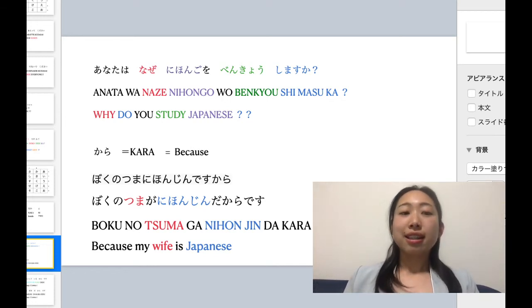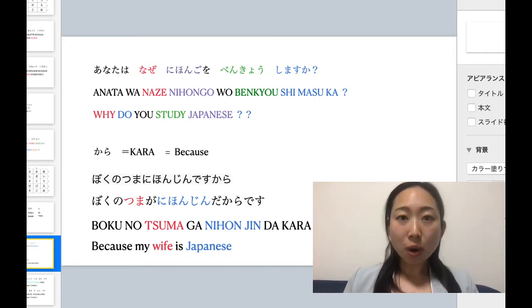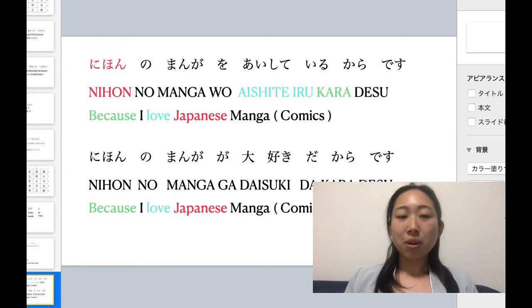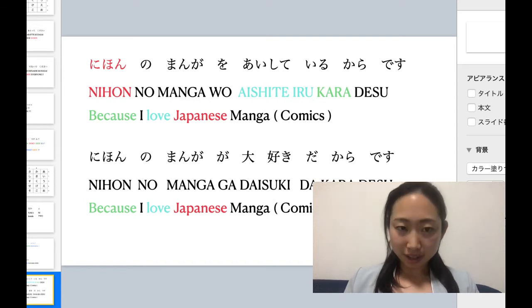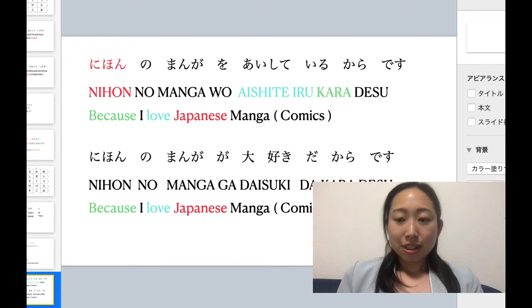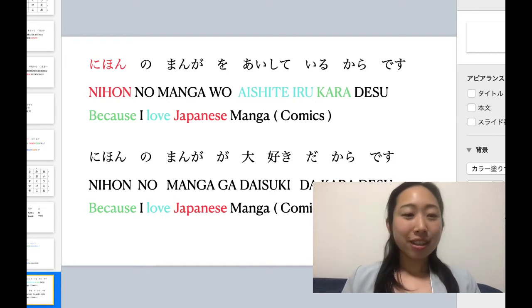And the sentence, あなたはなぜ日本語を勉強しますか？Why do you study Japanese? And for the answers, 僕の妻が日本人だからです。Okay? And also 日本の漫画を愛しているからです。Or maybe you can just say lightly, casually, 日本の漫画が大好きだからです。Okay?